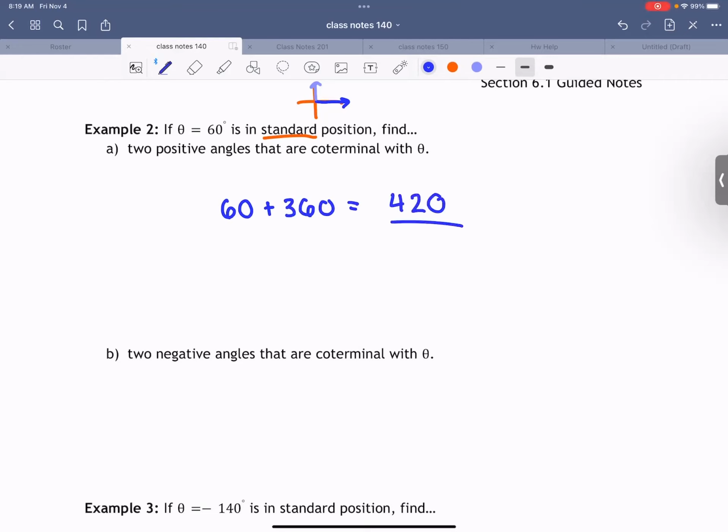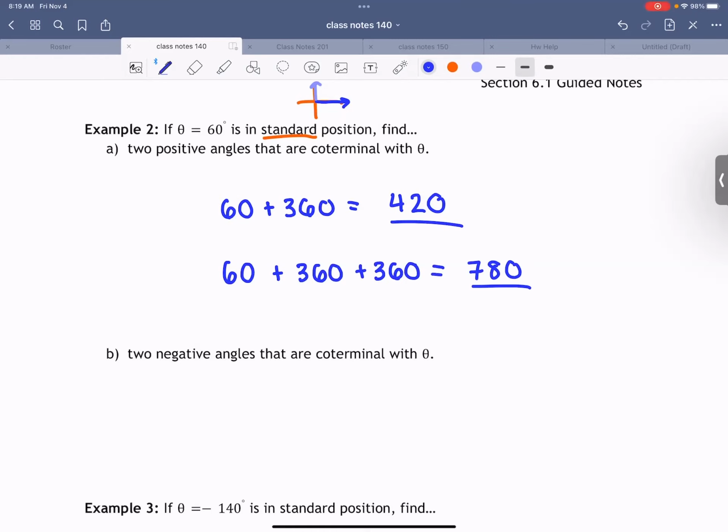And then what can I do to find my second coterminal angle? Yeah, add 360 to 420, or in other words, take 60 and add 360 twice. That gives me 780. So two angles that are coterminal with 60 degrees are 420 and 780.